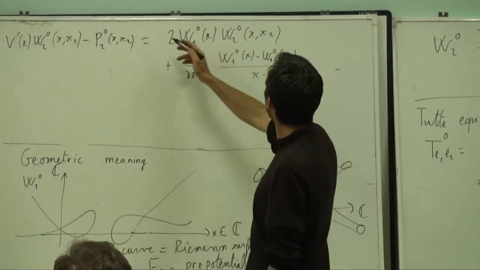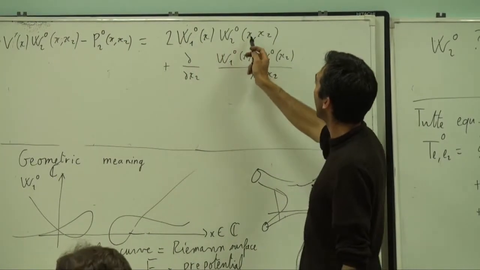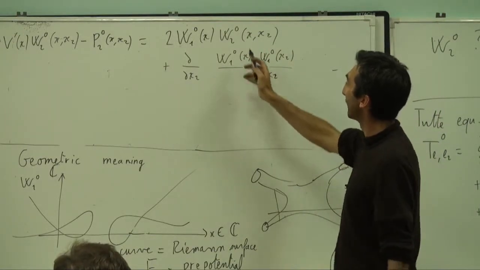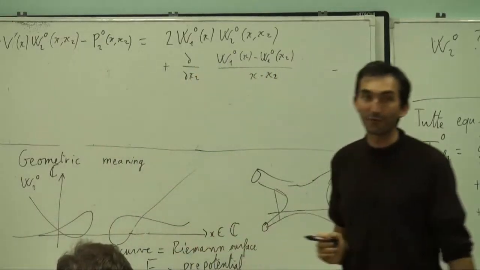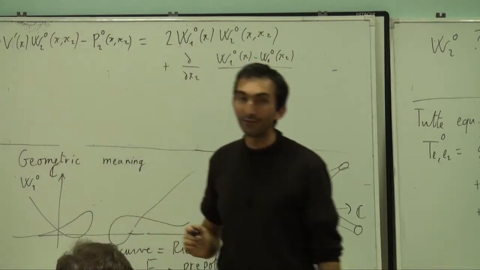And indeed, in the right-hand side, W10 contains only negative powers of x, W20 contains only negative powers of x. This term also contains only negative powers of x. So the left-hand side should not contain positive powers of x. And v prime of x contains positive powers of x.